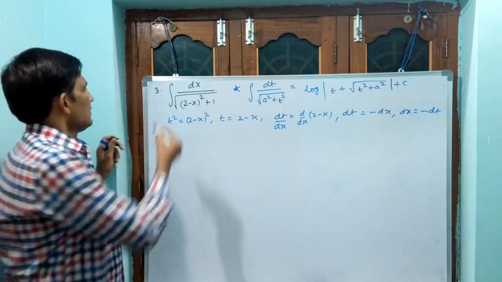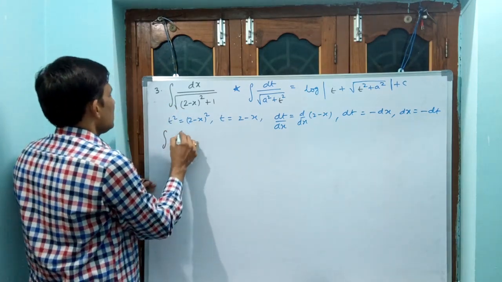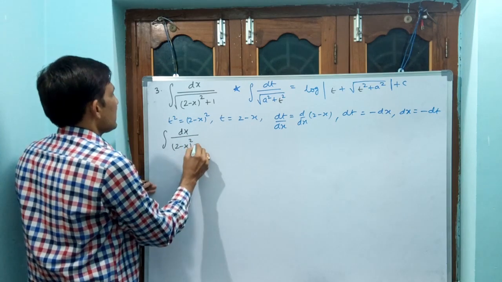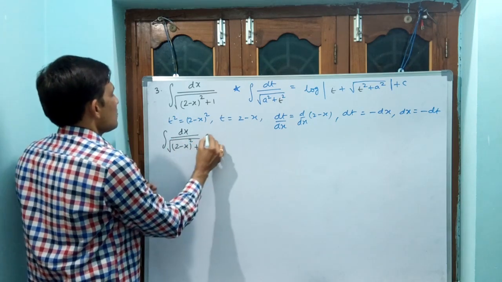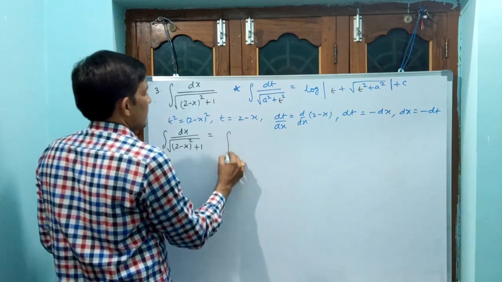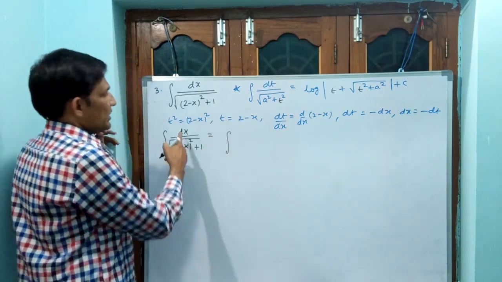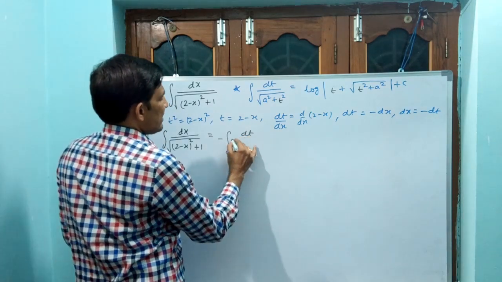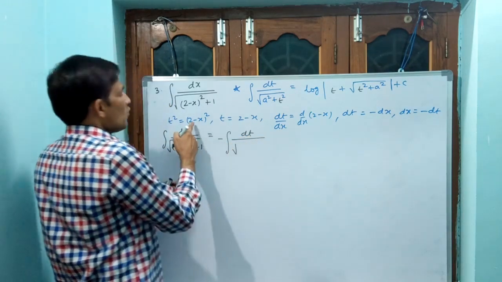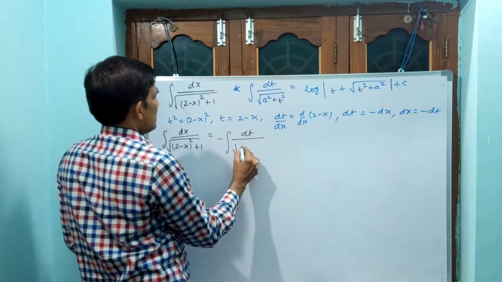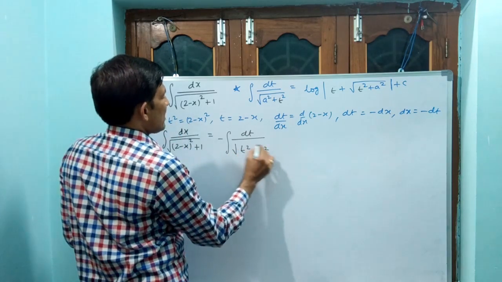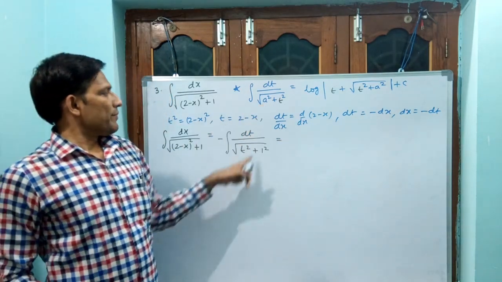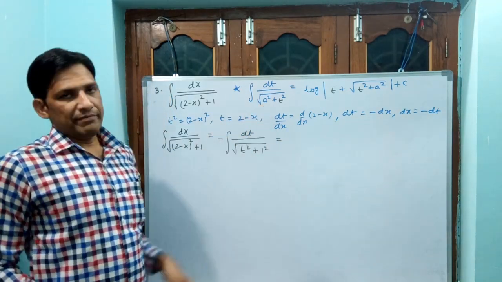Then come back. Integral dx by square root of (2 minus x) whole square plus 1 is equal to integral, dx is equal to minus dt. Minus I am keeping outside, dt inside, square root of t square plus 1 square. Same formula, a is 1.